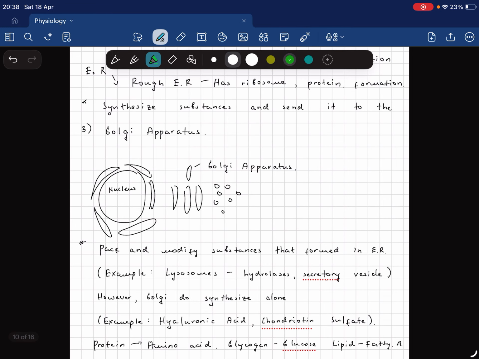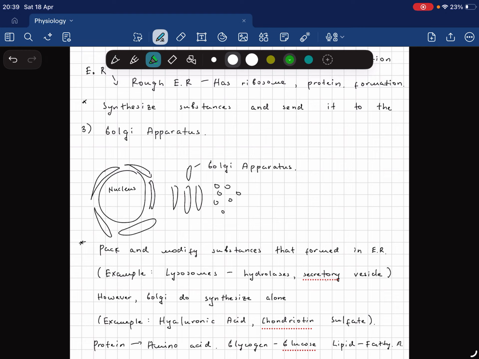Now let's go to the Golgi apparatus, the third one. As I said before, the Golgi apparatus is really close to the endoplasmic reticulum because their functions are interconnected. Its real function is that it packs and modifies substances formed in the endoplasmic reticulum. For example, lysosomes, which contain enzymes called hydrolases. Hydrolases basically break down molecules using a water molecule. It also forms secretory vesicles and so on.